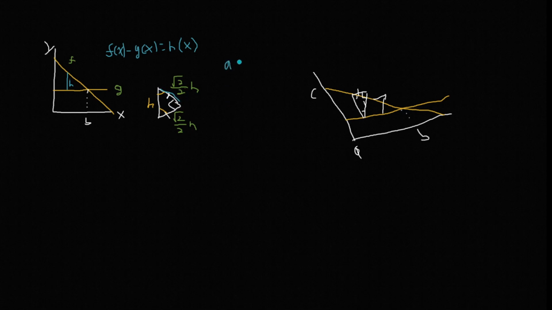We square it, and because they're both the same, A squared plus A squared is equal to h squared. This is just 2A squared is equal to h squared. And we want to solve for the side length.